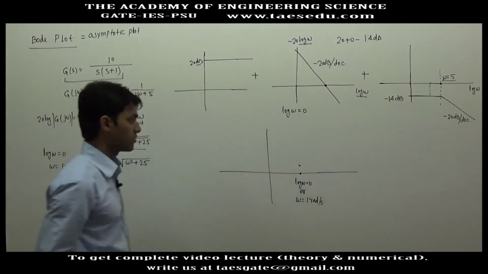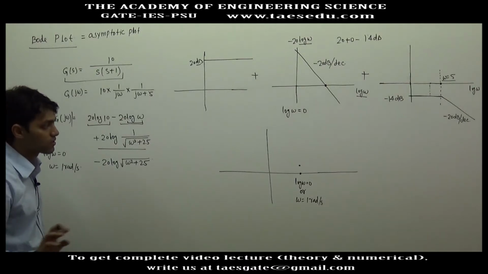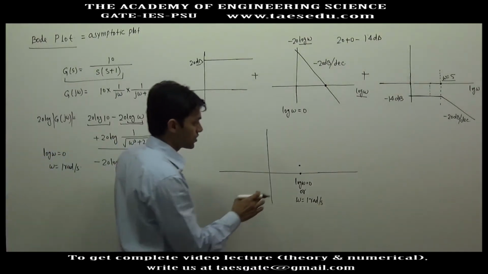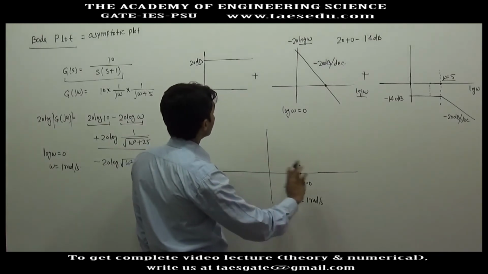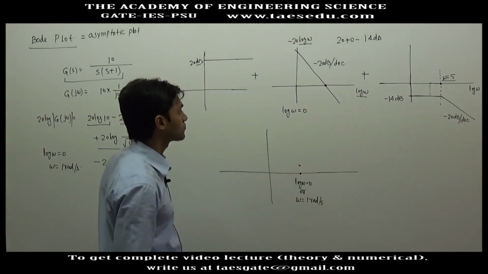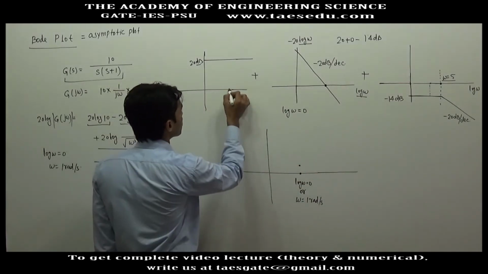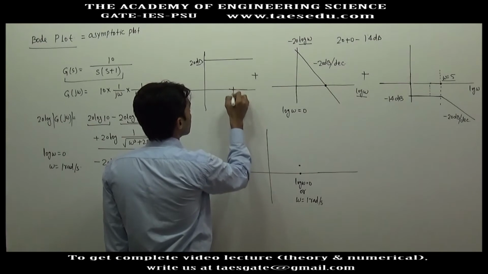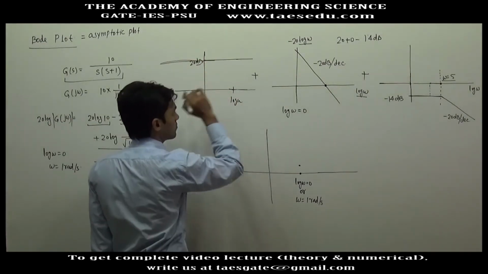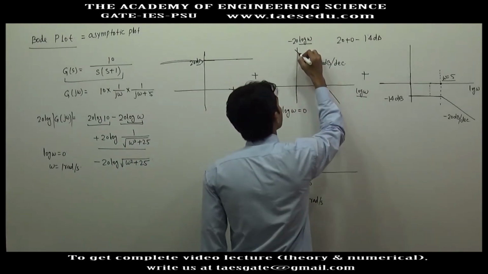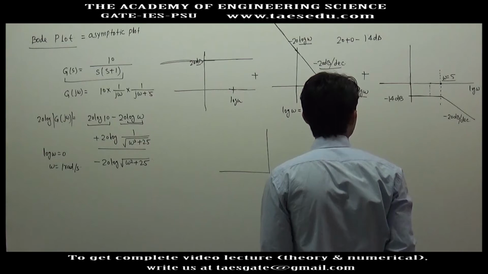Now for the graph, if you have got one point and you know the slope, this is sufficient information to draw a complete graph. You have got one point and you know the slopes. So before this point, what is the slope? Before log omega equal to 0, this always gives a constant 0 slope. This always gives a constant slope of minus 20 dB per decade.